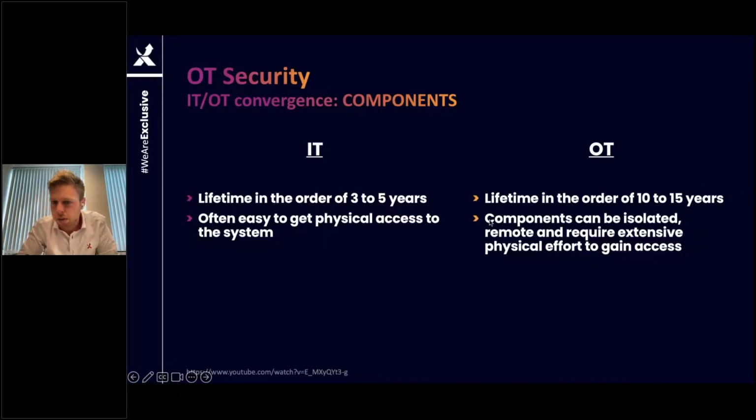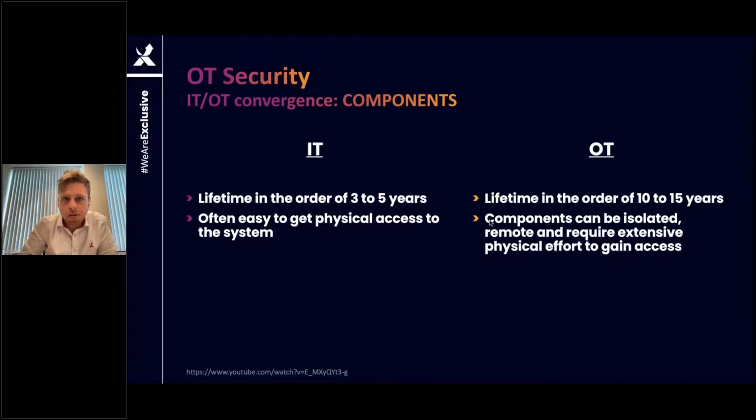And then this is a minor one. Components can be isolated, remote. Think about, for example, windmills at sea. You're not going to take a rubber boat and just change it. So this can sometimes also be a burden.